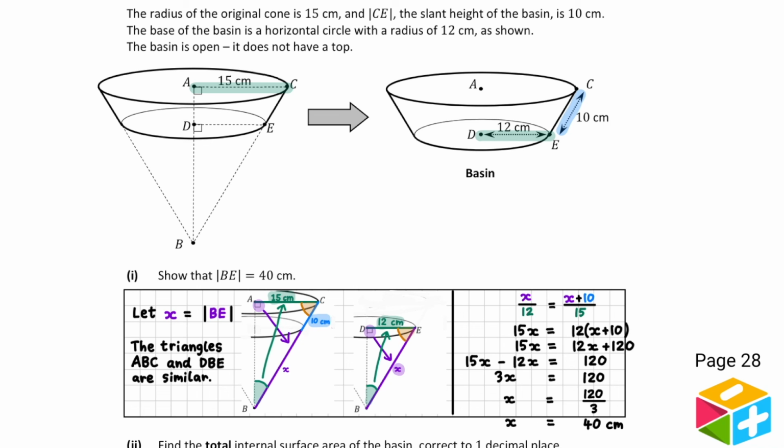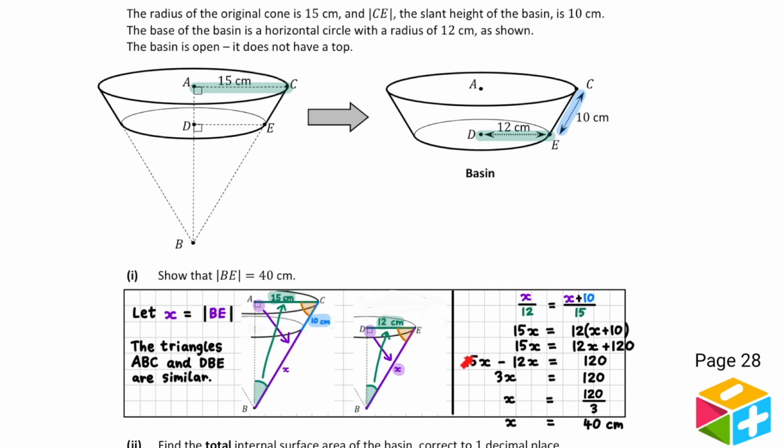Now we have an equation which we can solve for x. To begin, we can multiply both sides by 15 times 12. Then we can multiply the brackets on the right. 12 by x is 12x, and 12 by 10 is 120.